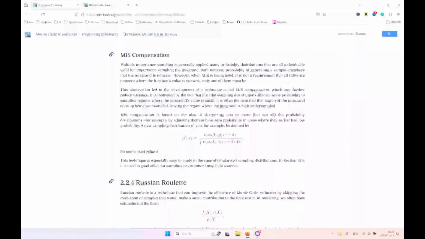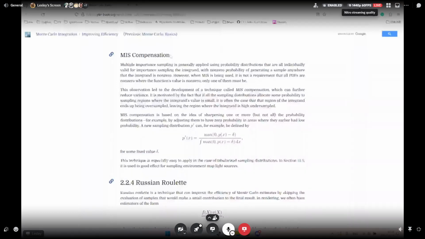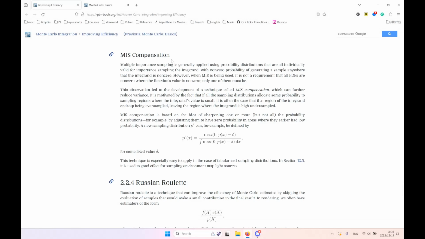MIS compensation. I'm also confused about this. Yeah, it's interesting. I hadn't heard of this before.